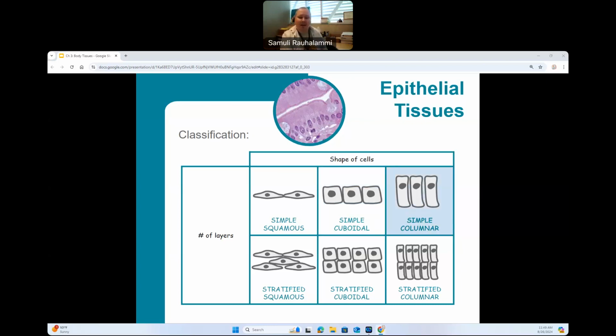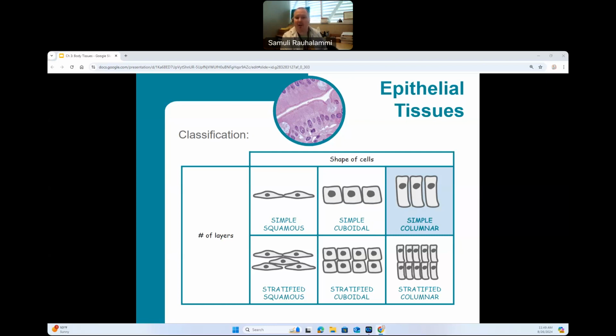Then the final example that I have of these simple epithelial tissues is our simple columnar epithelia. Again, very characteristic for linings. For example, we often have glands that secrete, embedded in, for example, goblet cells secreting mucus that forms the mucous membranes.